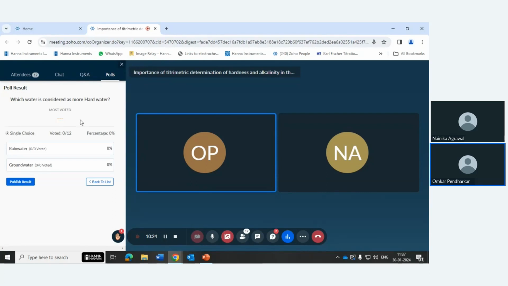The options are rainwater, and the second option is groundwater. 5 seconds are remaining.